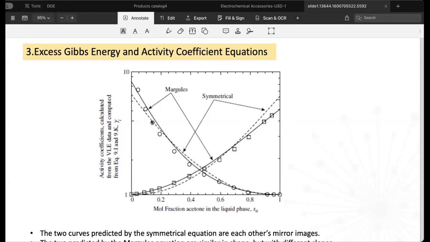Even at the beginning, of course, it still deviates from the experimental data.